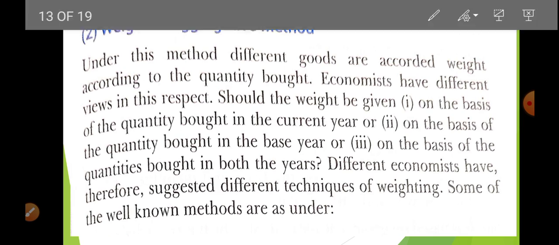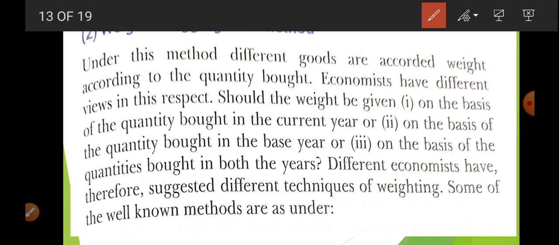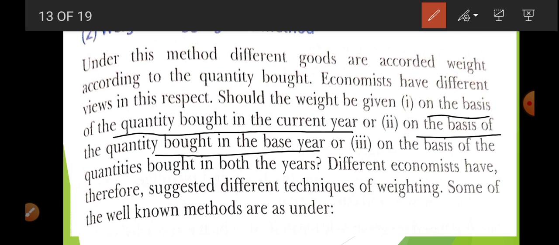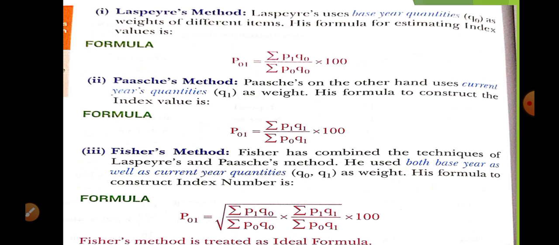Now weighted aggregate method. When we talk about the aggregate method, the question is whether the weight is on the basis of the quantity brought in the current year, or in the base year, or by both. So there are different economists.